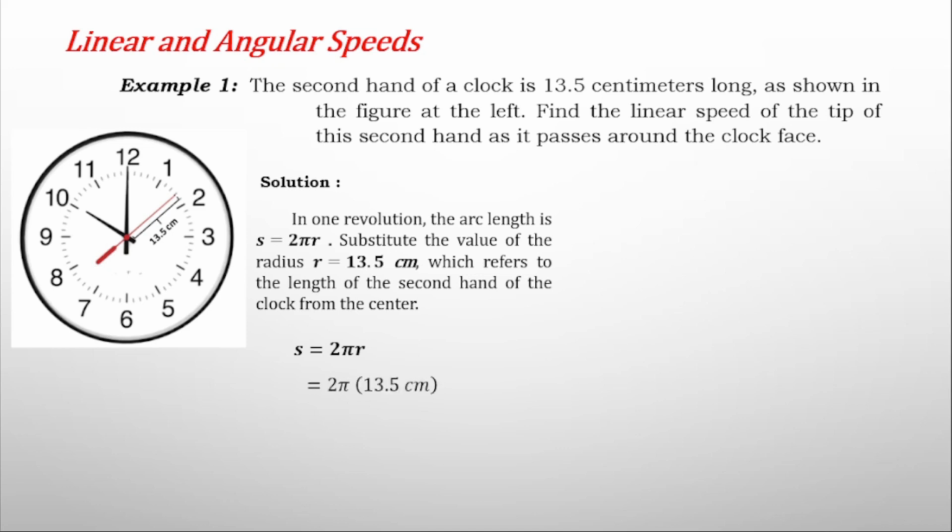Then we substitute the value of the radius, 13.5 centimeters. So we come up with 2 pi times 13.5 centimeters. Multiplying 2 times 13.5 gives 27. So the arc length is equal to 27 pi centimeters.